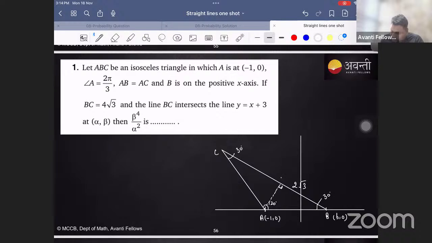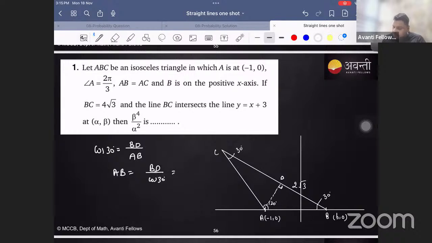Let's call this point D. They're asking the question of BC. Okay, so with this 2 root 3, we can find AB length using tan 30, not tan 30, say I use cos 30. BD upon AB is cos 30, so AB is BD upon cos 30.